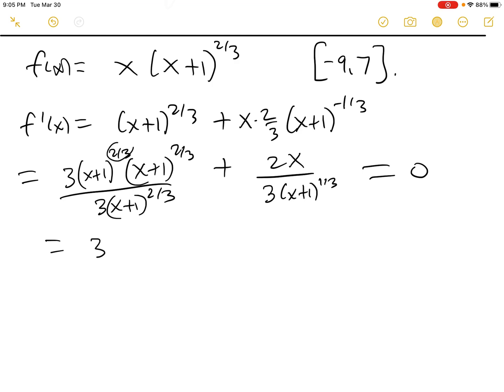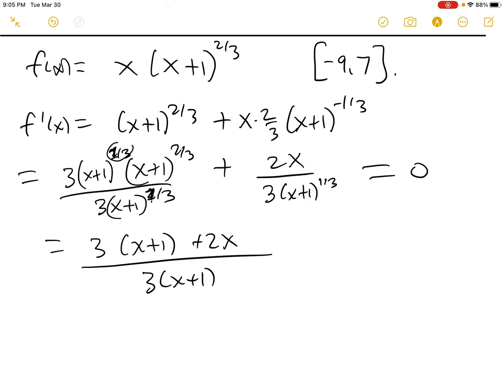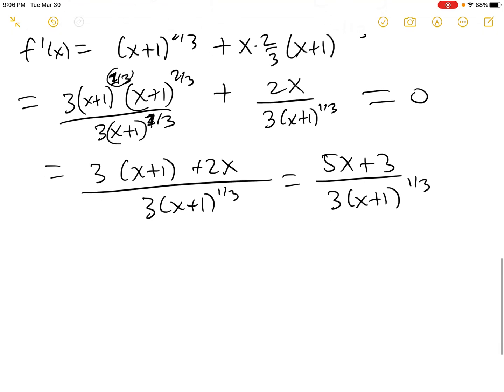So (x plus 1) to the 2/3 plus x times (x plus 1) to the minus 1/3; 1/3 plus 2/3 is 3/3, so it's (x plus 1 plus 2x) over 3 times (x plus 1) to the 1/3, and that's (5x plus 3) over 3 times (x plus 1) to the 1/3. Okay, all you did was find a common denominator. That's all you ever do.